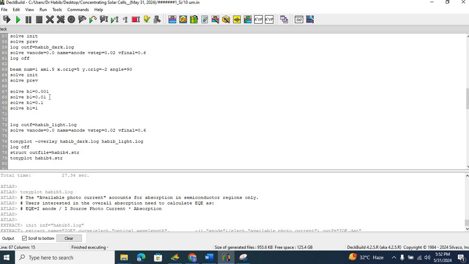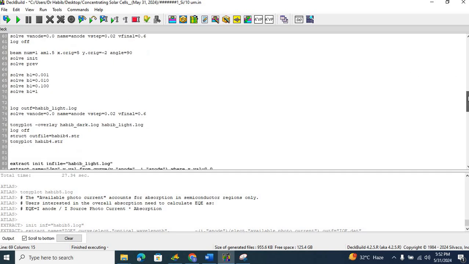But we have to ramp it up from a lower value in order to avoid convergence issues. So I start with 1 watt per meter square to 10 watts per meter square to 100 watts per meter square to 1000 watts per meter square, or you can say 1 kilowatt per meter square, or you can also translate it to 100 milliwatts per centimeter square.